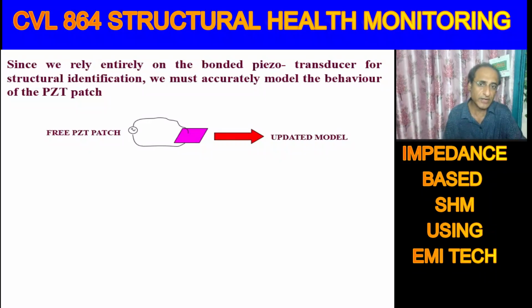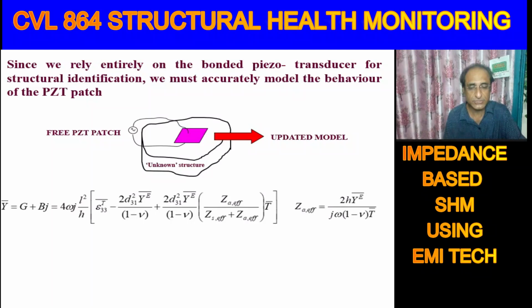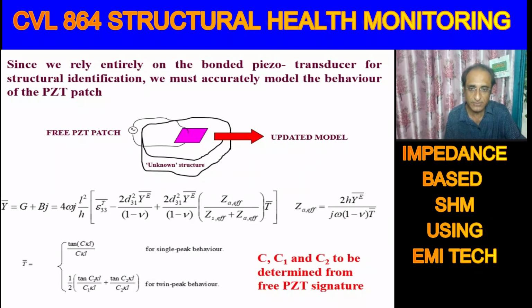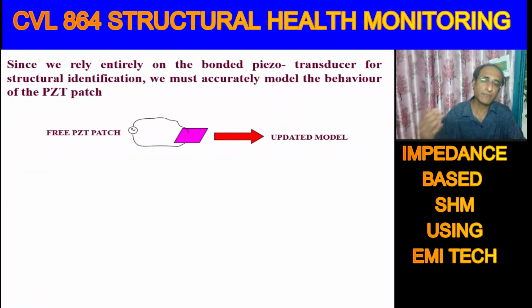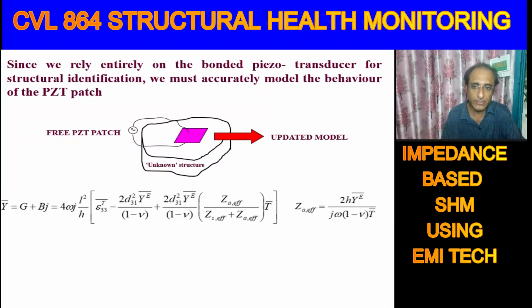And then what we can do is that we have assumed that our piezo patch is bonded on the structure. So first we can derive its free piezo signature, and after we have done the complete updating of the model of the free piezo patch based on the parameters which we have measured, then we can bond it on the structure and obtain the final signature.